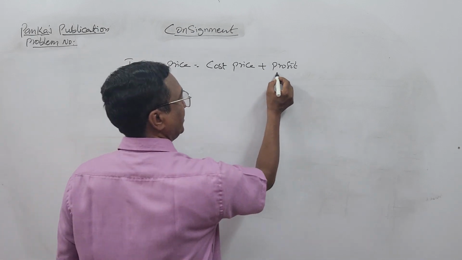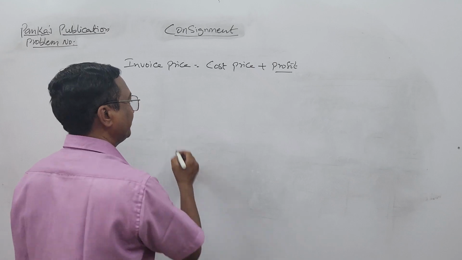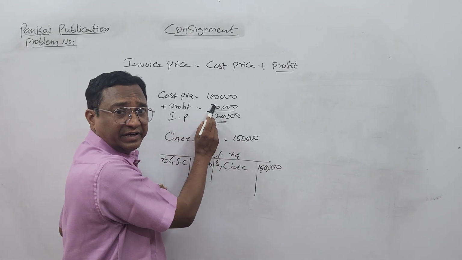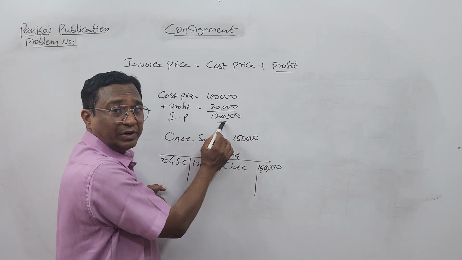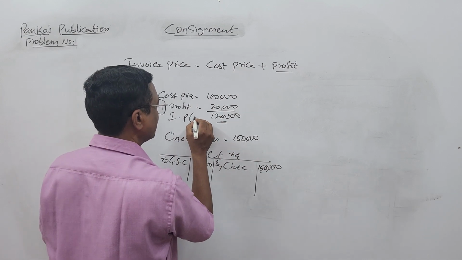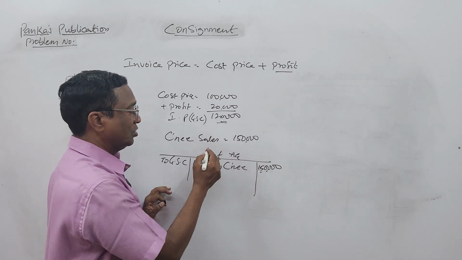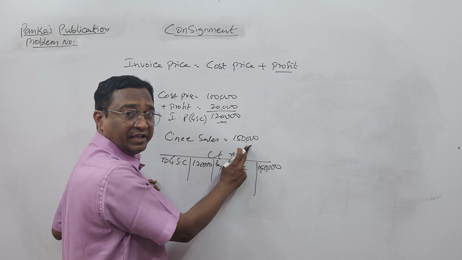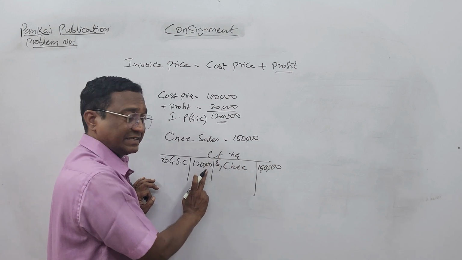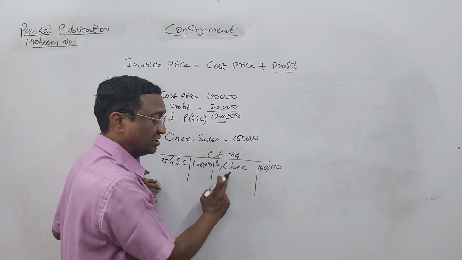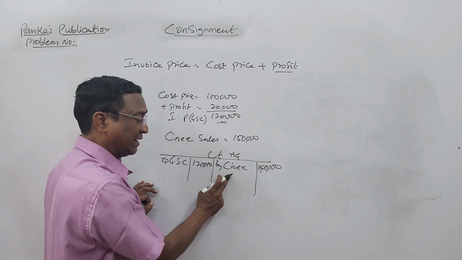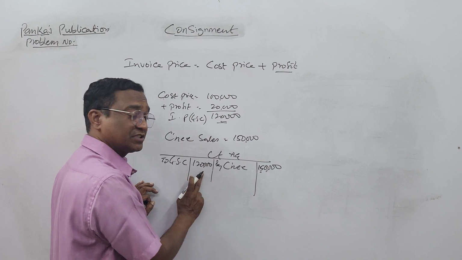For example, cost price is 1 lakh, you added a profit of 20,000, so invoice price is 1 lakh 20,000, which is actually goods sent on consignment. If the consignee sells the total goods for 1 lakh 50,000, and you prepare a consignment account, you get by consignee 1 lakh 50,000 and to GSC 1 lakh 20,000.